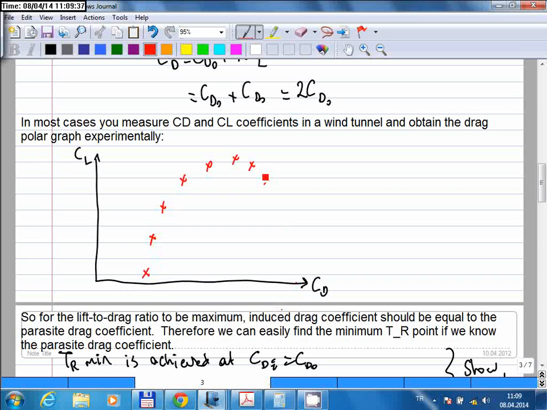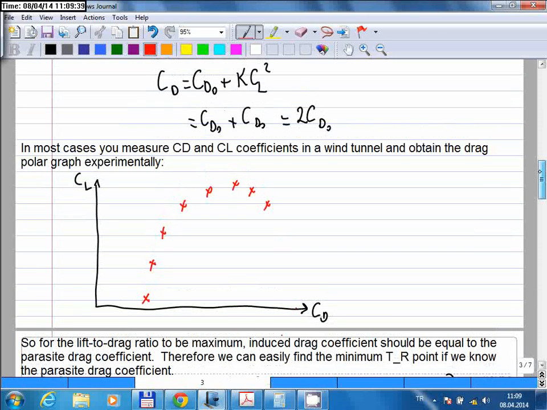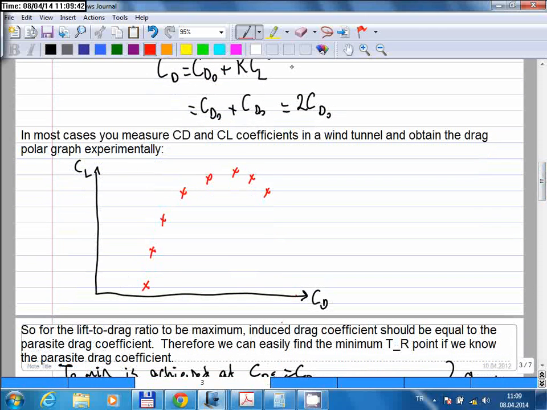Okay, I'm just making it up. So this is what you obtained experimentally.